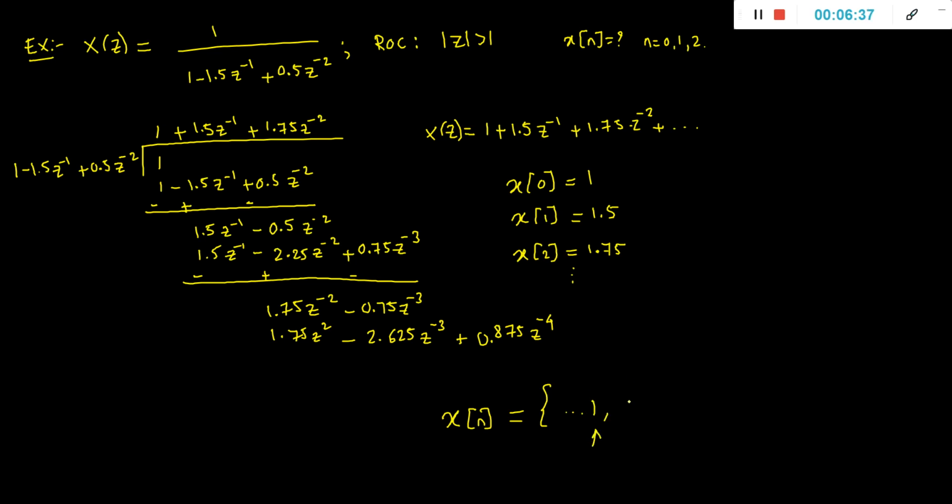And then the next coefficient is 1.5, and then the next coefficient is 1.75, which is the value of x at n equal to 2. And then it just continues. We'll have other numbers as well, but we are not interested. We just want only three numbers. So this is the time domain signal corresponding to the z transform X(z) given over here. This is how you can calculate the time domain signal from the given X(z) using the power series expansion method.